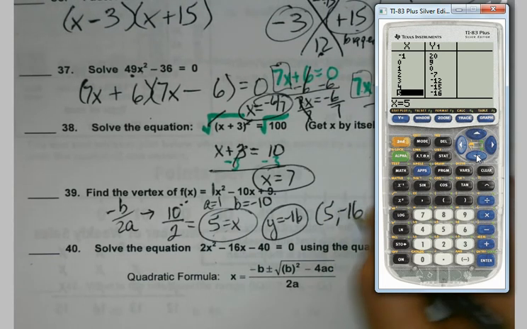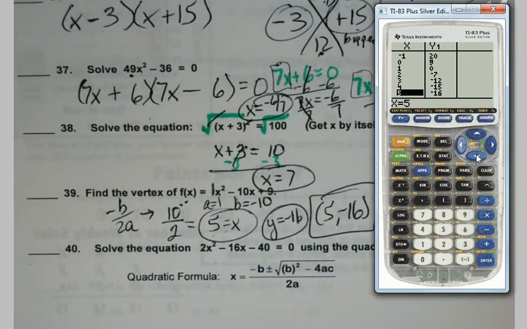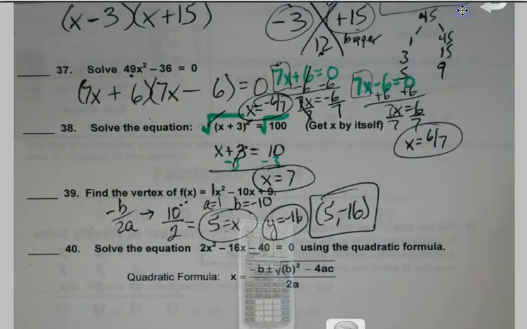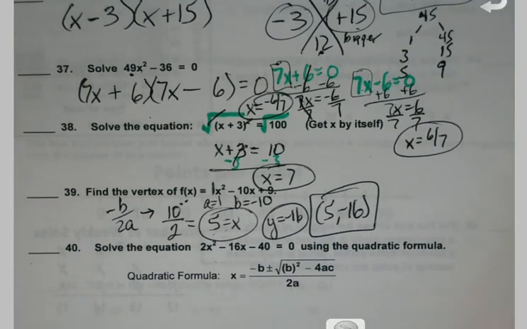I like getting easy answers every once in a while. It doesn't end up being anything too bad. So, again, there's some nice ways to get out of things that way.